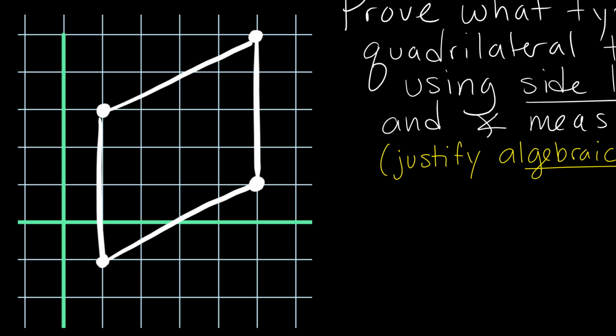So you have to label in a circular fashion. You can't go A, B, and then jump across the shape down there to C to D, okay? The reason you can't do that is because labeling in a circular fashion is just the accepted way to label.